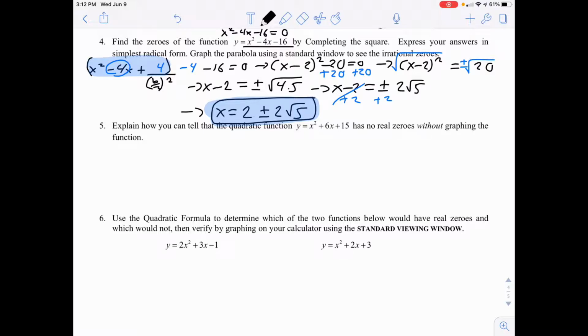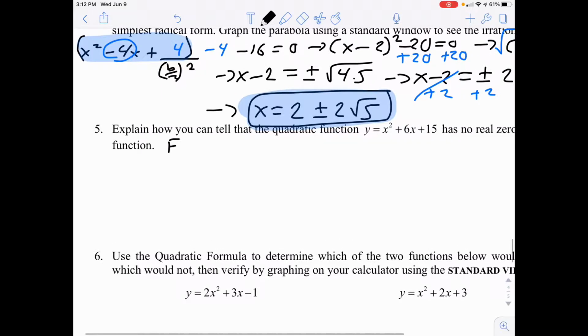Number 5, explain how you can tell that the quadratic y equals x squared plus 6x plus 15 has no real zeros without graphing the function. Well, the easiest way is to evaluate, we did this in class, evaluate the discriminant.